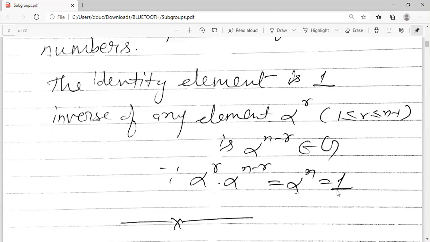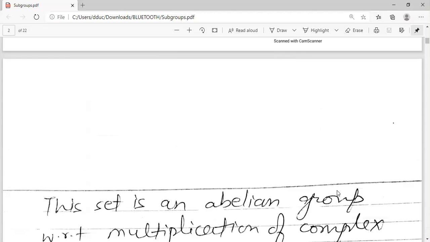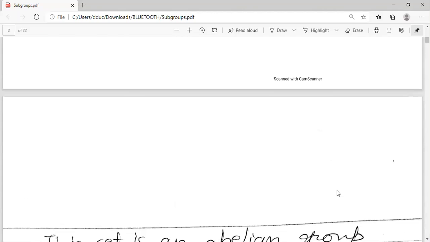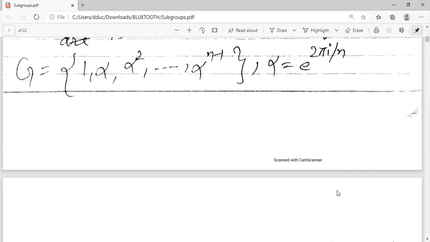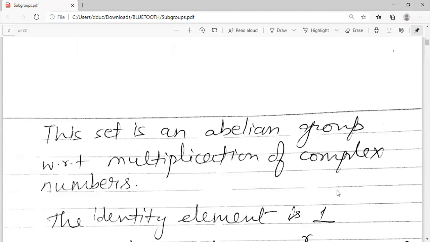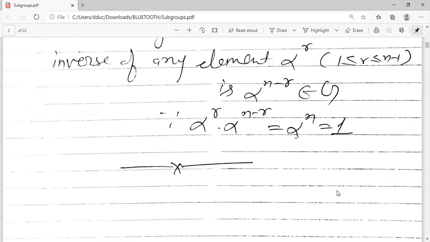So the identity element is there, the inverse of every element is also there, and when you compose two elements, the result is also in the set. The closure property holds, and associativity is also there. Commutativity is obviously there: alpha into alpha square will be the same as alpha square into alpha. So this forms a group under multiplication, and in fact an abelian group.